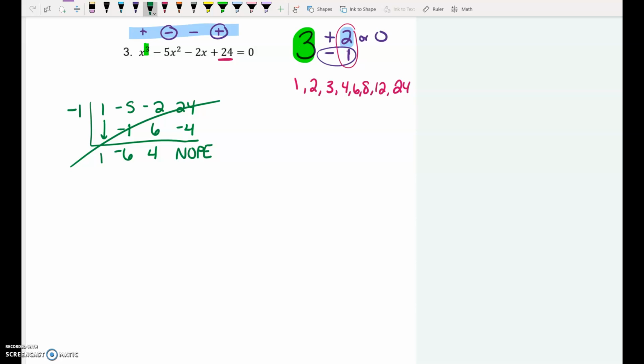So then I try again. Doesn't really matter where we try again. This time I'll try -2. Yay!